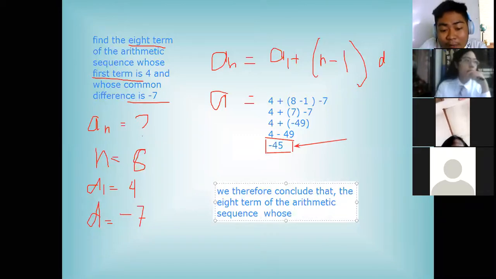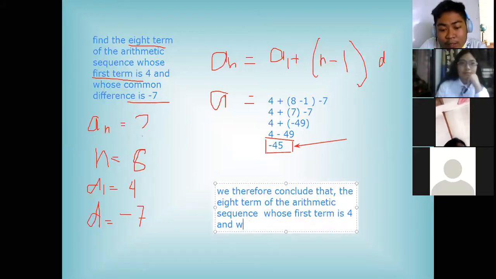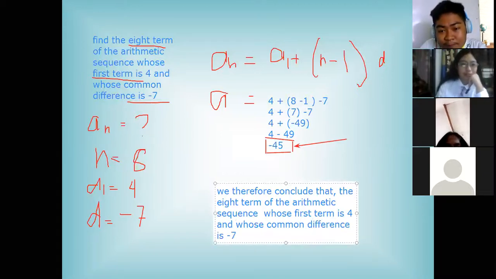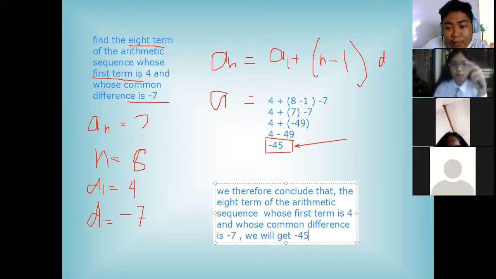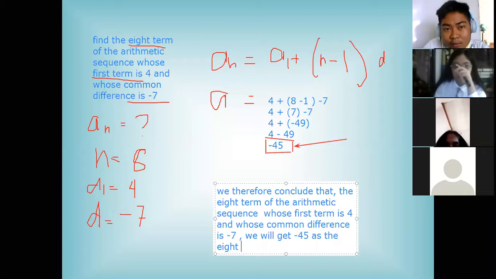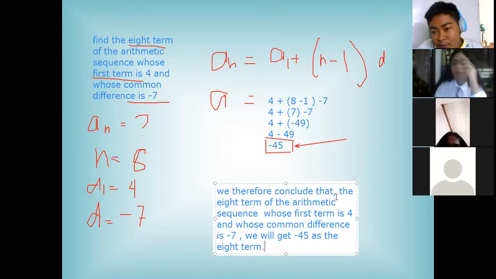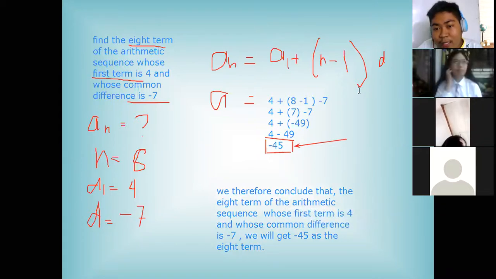Kumpletuhin lang yung sentence. We therefore conclude that the 8th term of the arithmetic sequence whose first term is 4 and whose common difference is -7, we will get -45 as the 8th term. Parang ganyan lang siya. So this would be our conclusion. So ganun lang ang gagawin. Nakuha?